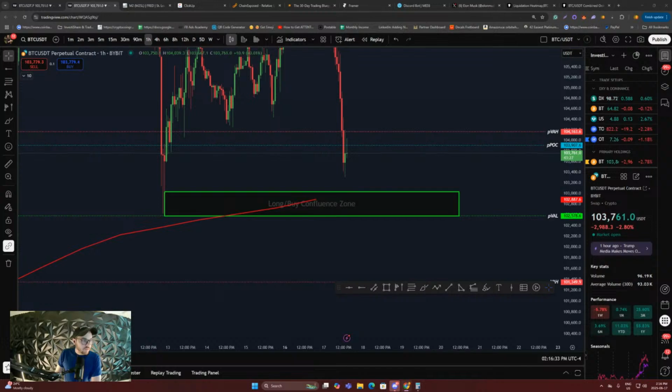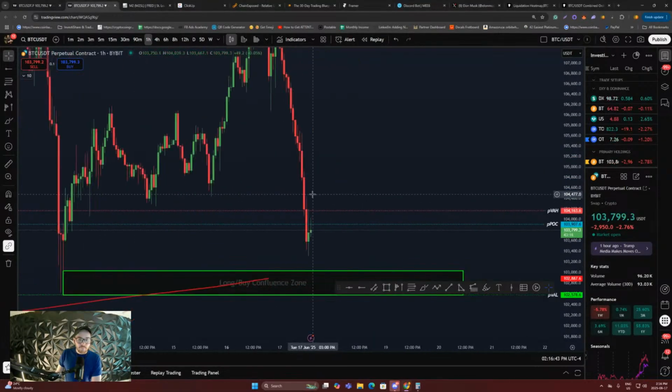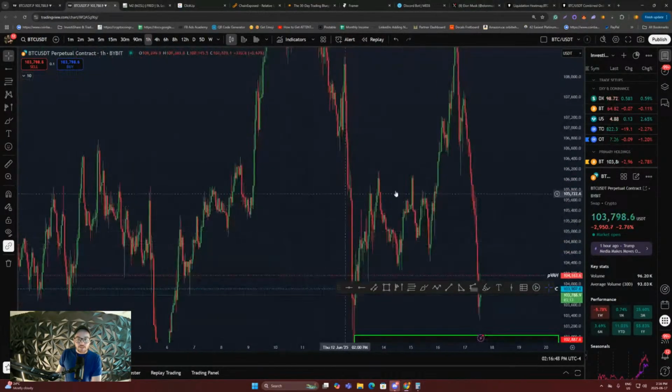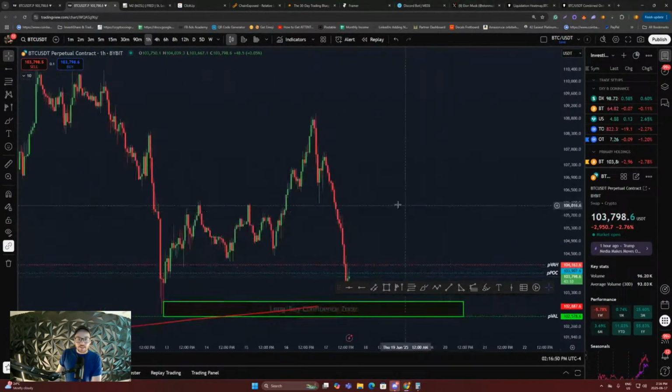Pierre is talking about a sell wall at 103,800 between that and 104,800. Yeah, 104,800. I got you. Yesterday we had a pretty wild sell wall stack.